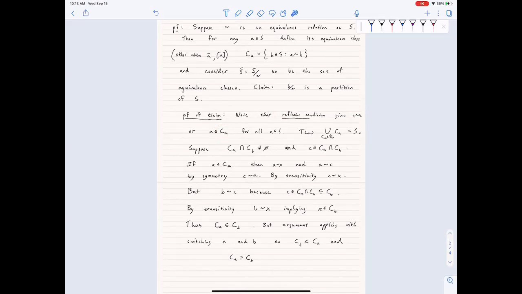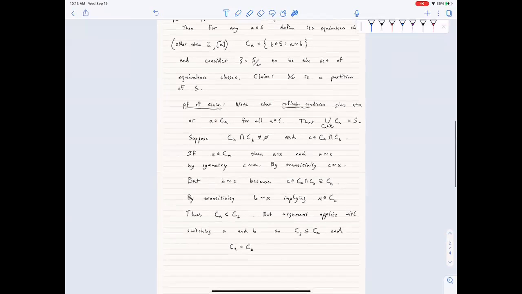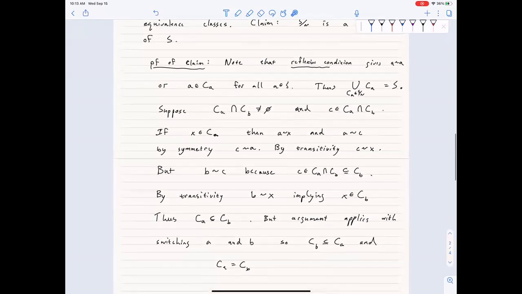So they're all non-empty. They're all disjoint, meaning if I take two different ones, they don't intersect. And their union is everything. That's a partition. I started with an equivalence relation, I got a partition. Going the other way is much easier.